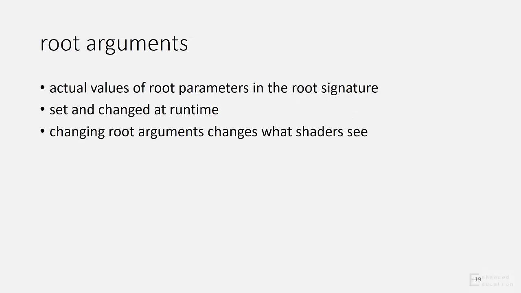In a C program, when a function is called at runtime, its parameters are filled in with arguments, which are the concrete values passed into the function. Similarly, in DirectX, when the root signature is used at runtime, its parameters are filled in with root arguments that define what shaders see when they execute. So changing the root arguments changes what shaders see during the flow of an application in DX.